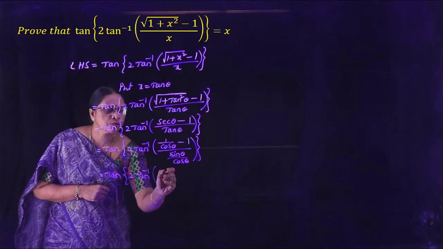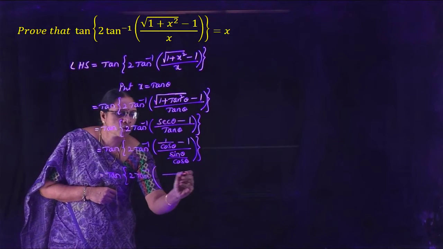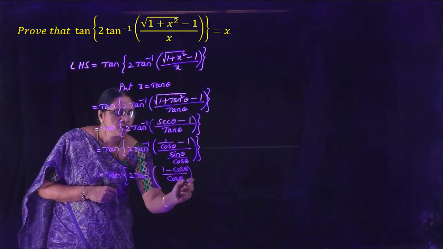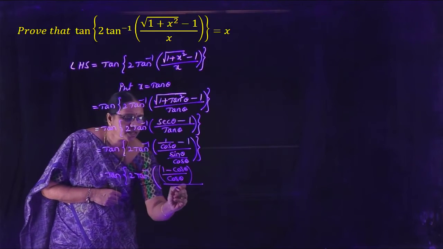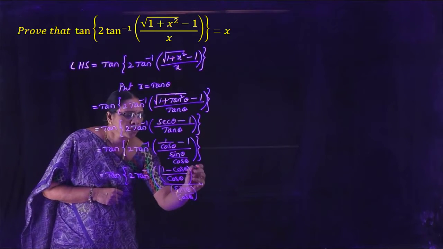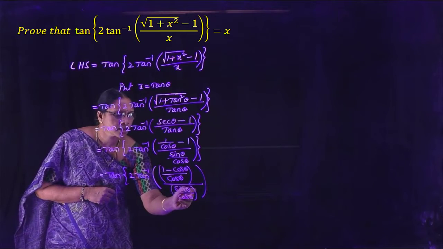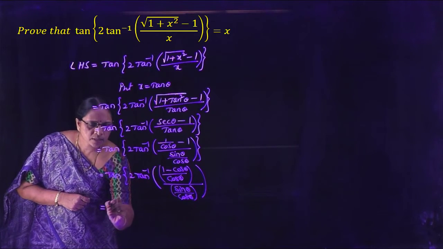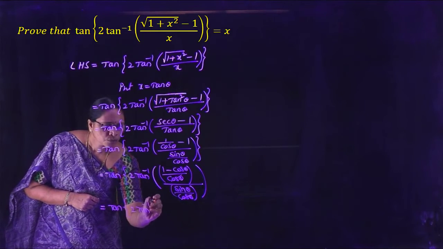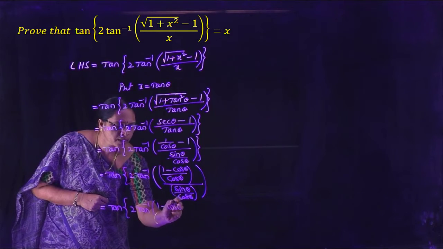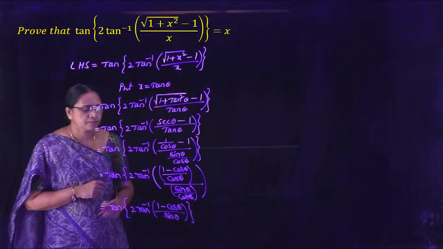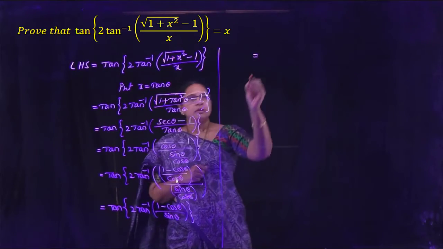That equal to tan of 2 tan inverse. Take LCM in the numerator. LCM is cos theta. The numerator is 1 minus cos theta whole divided by sin theta by cos theta. Here the denominator cos theta gets cancelled. That is equal to tan of 2 tan inverse of 1 minus cos theta by sin theta.